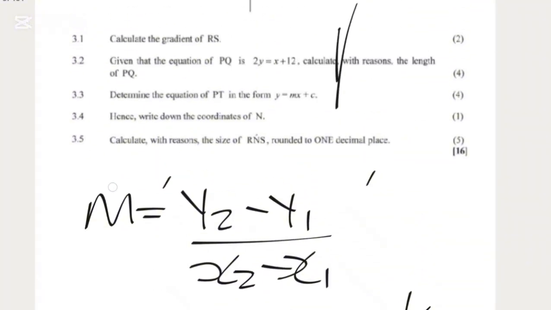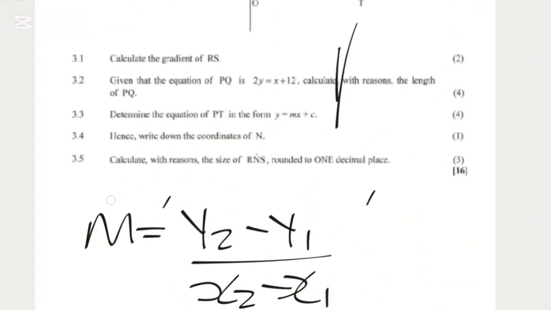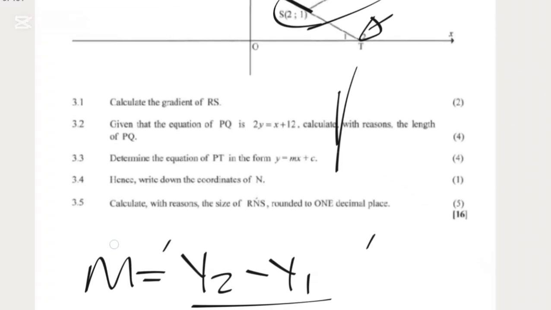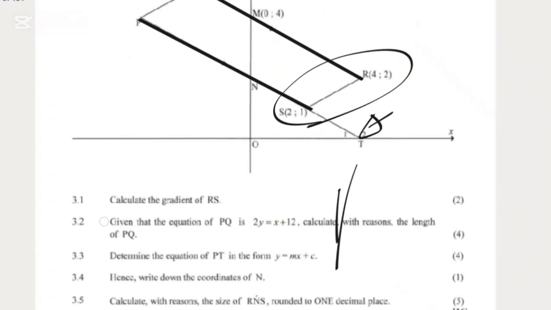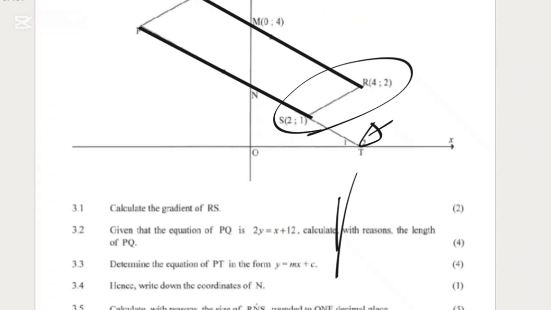Then the next question will say, given the equation of PQ, you see, PQ is this one. Let me use a different color just for fun.